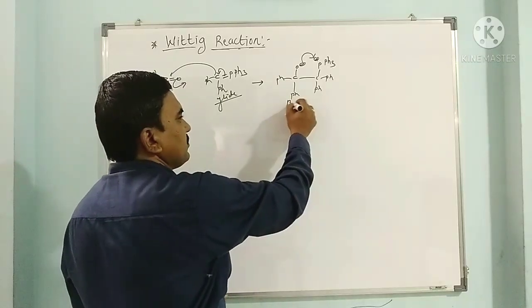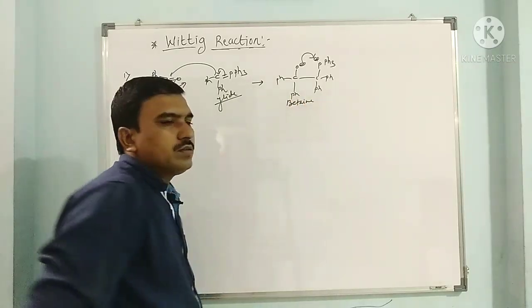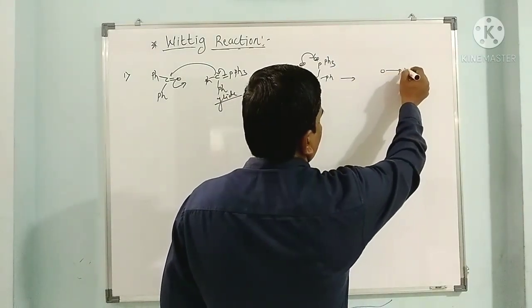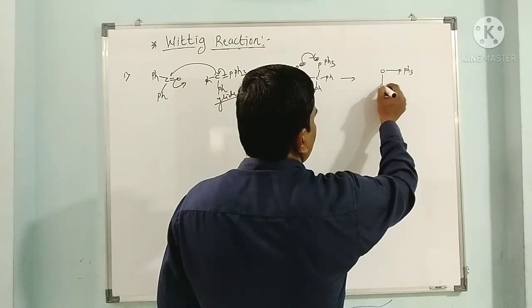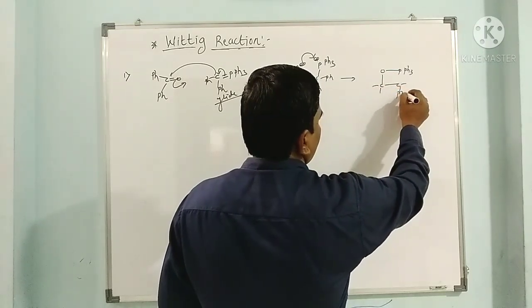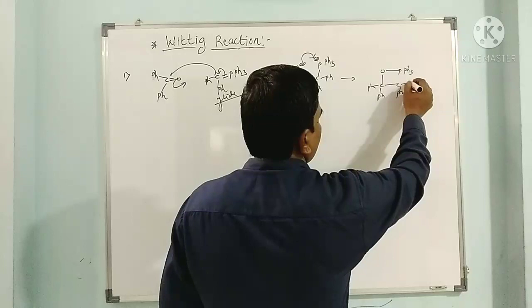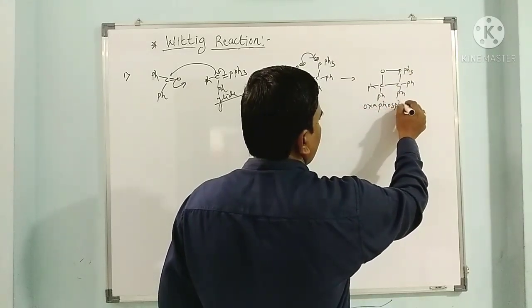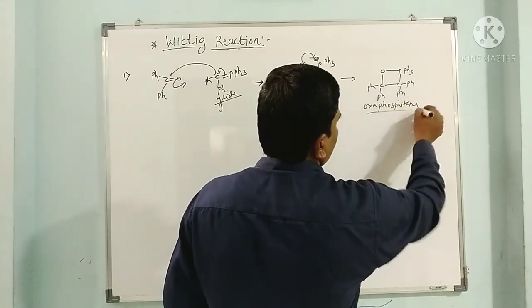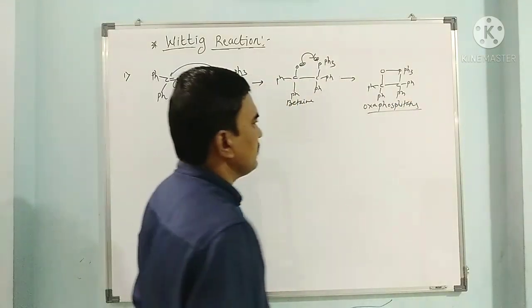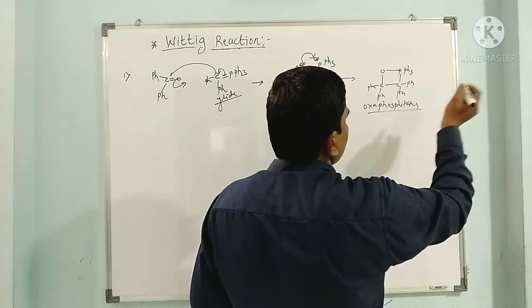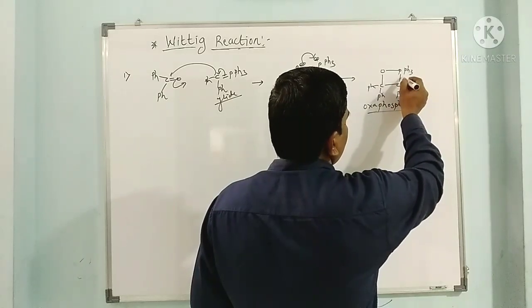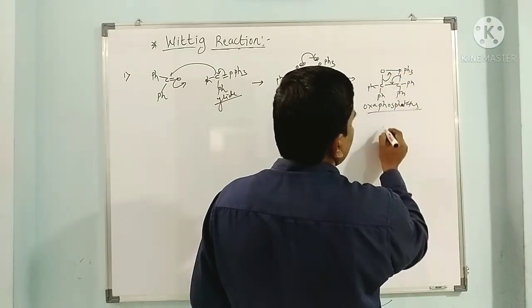So this betaine is converted into oxaphosphetane. This oxaphosphetane undergoes ring cleavage, and we get here this highly substituted alkene.